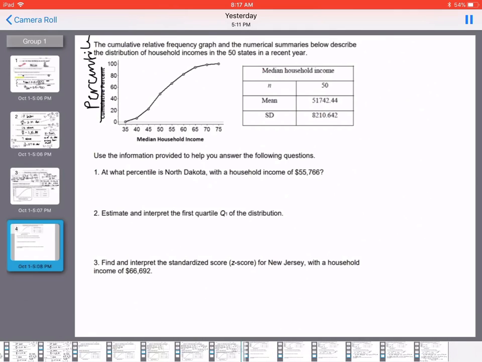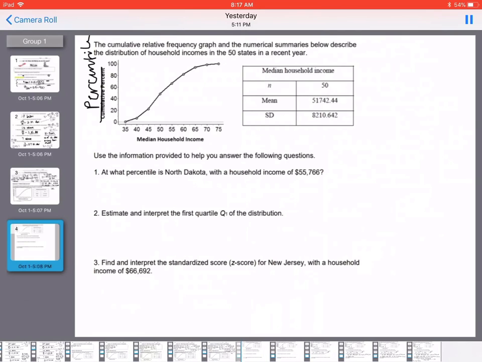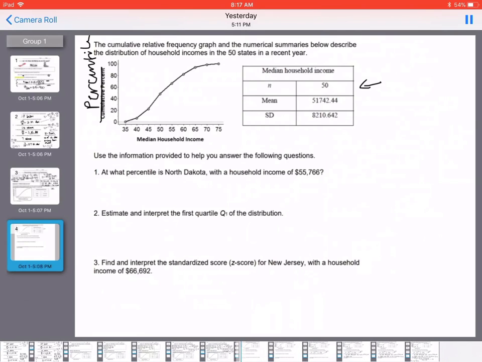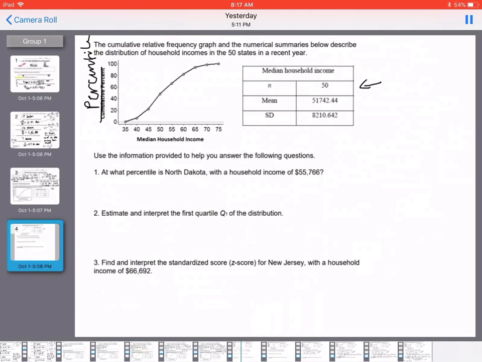The mean is 51,742.44, and the standard deviation is 8,210.642. I got that from the table. At what percentile is North Dakota with a household income of $55,766?